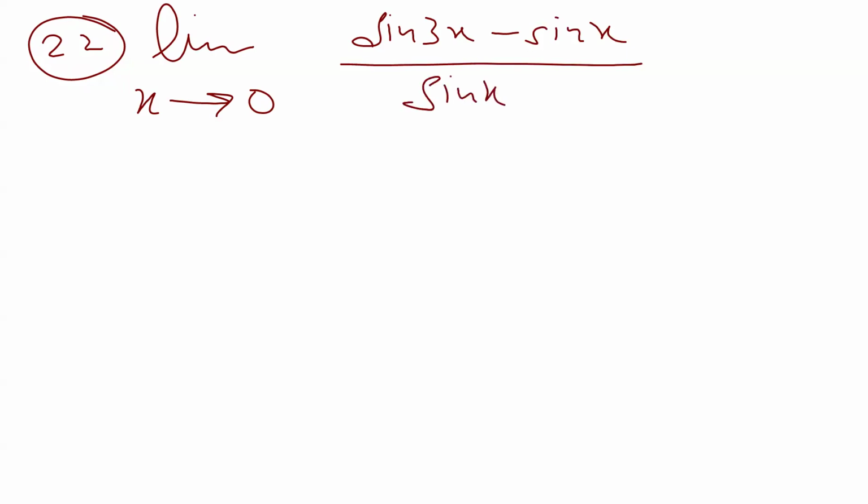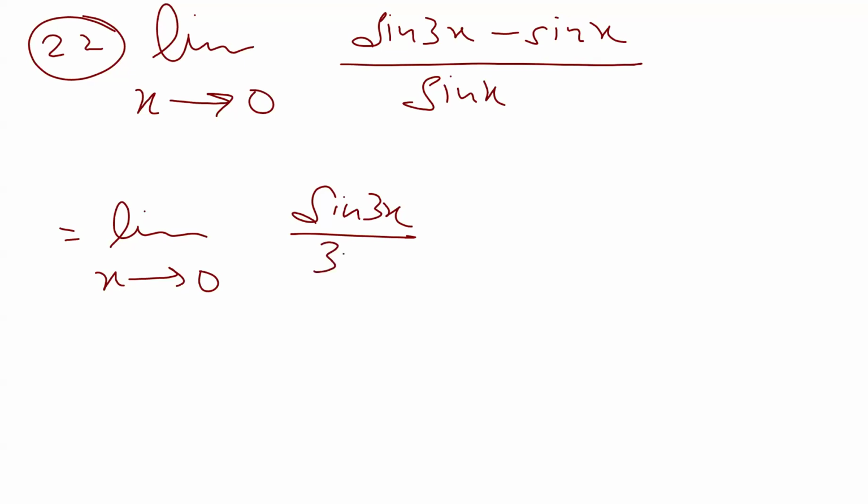Now again, you might feel that we'll apply triple angle formula over here, but that's really not required. We'll adjust each and every term. So sine 3x will be divided with what? Anyone? Divided with what? 3x. Correct.